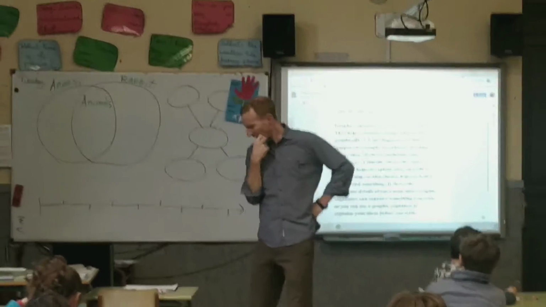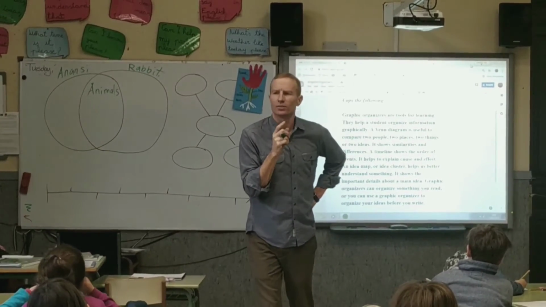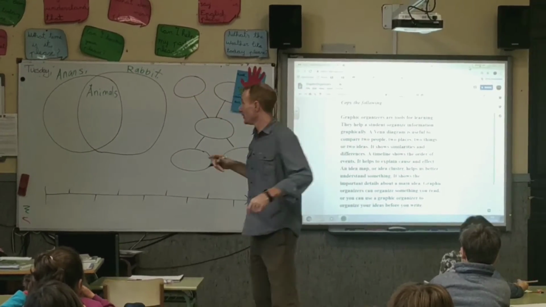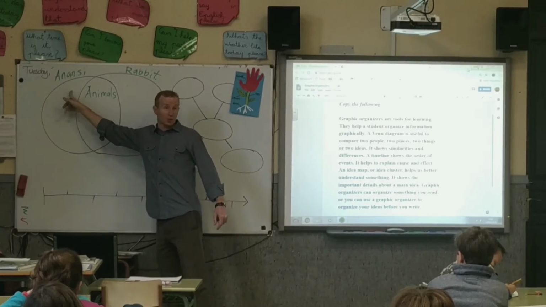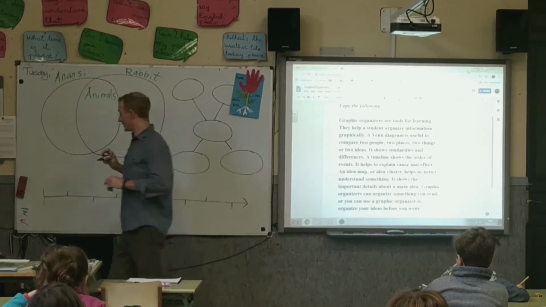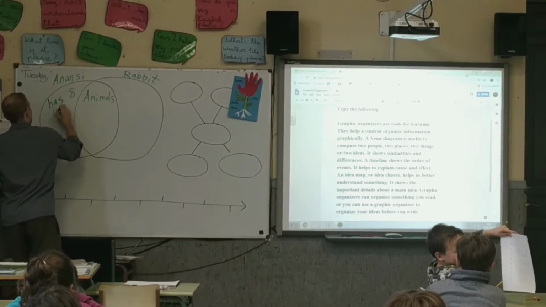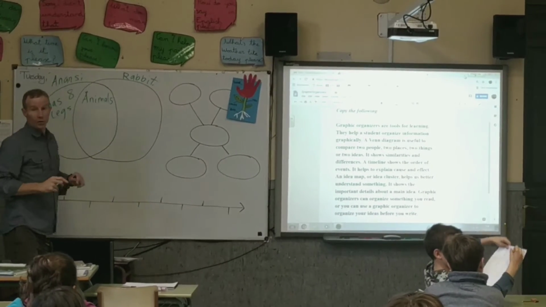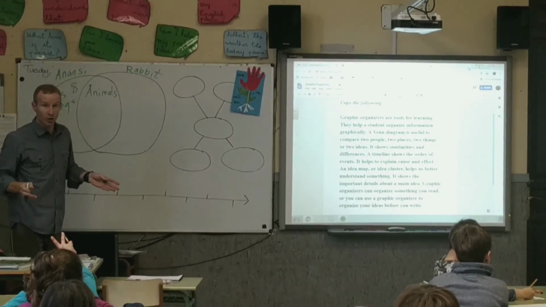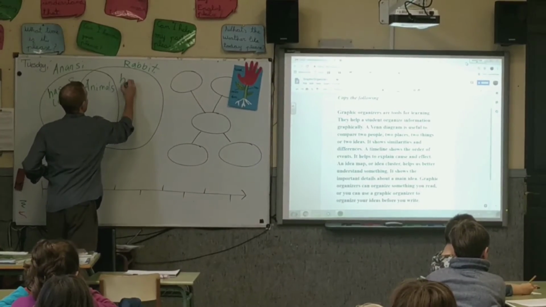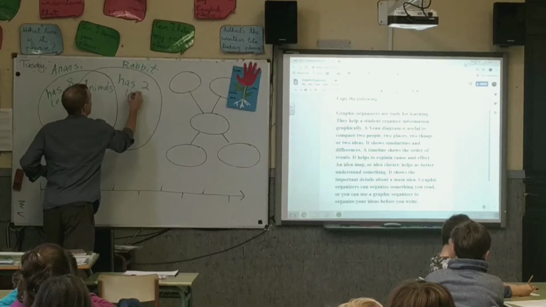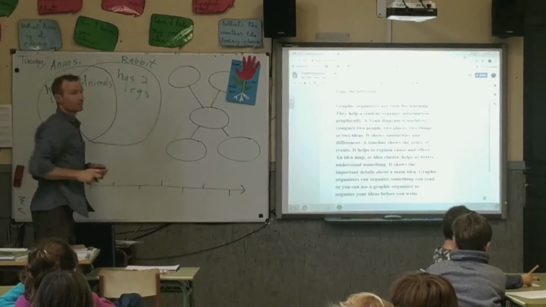Now, how are they different? Well, the first thing I thought of is, since Anansi's a spider, he has 8 legs. And Rabbit is a mammal, and he has 2 legs.